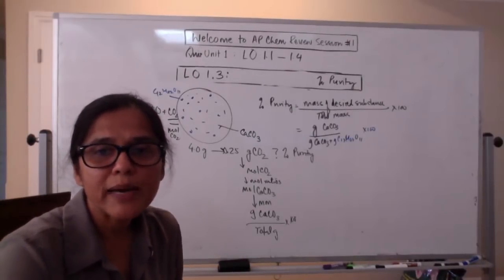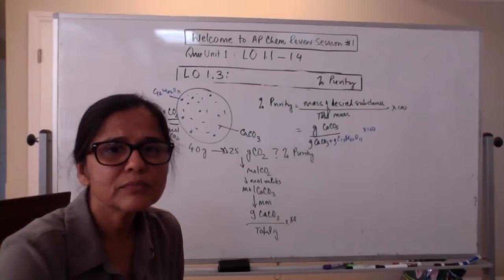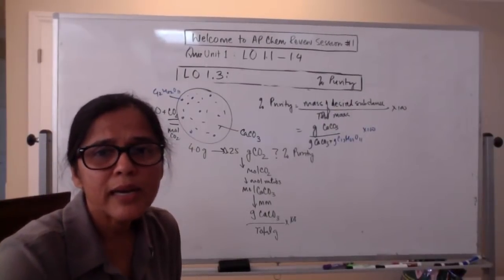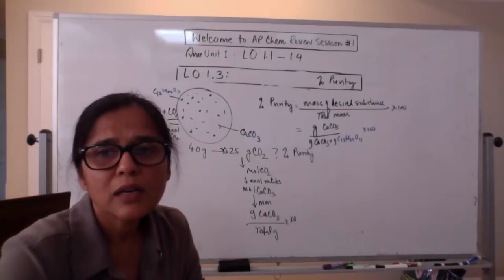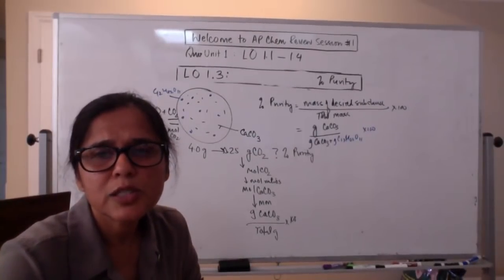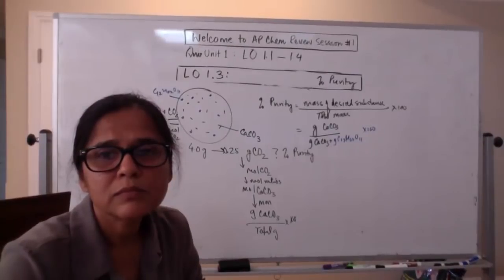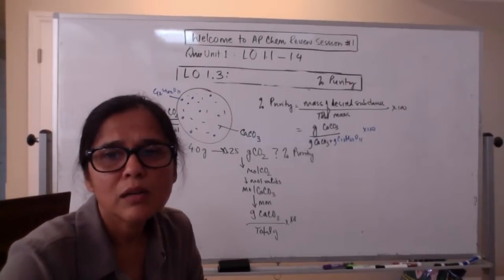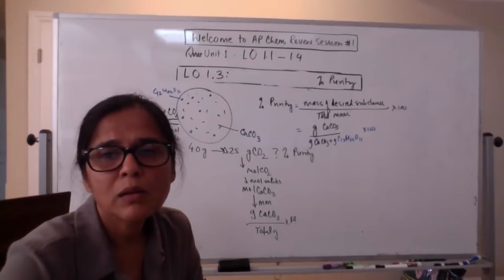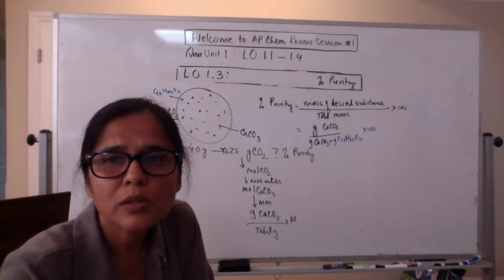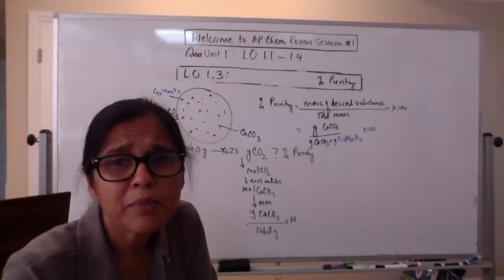Number 19 on the yellow packet. You may be applying atom economy.